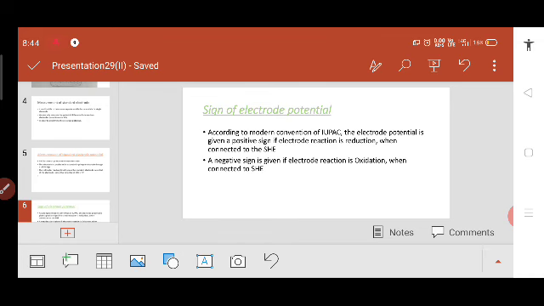According to the modern convention of IUPAC, the electrode potential is given a positive sign if the electrode reaction is reduction when connected to the standard hydrogen electrode. The negative sign is given if the electrode reaction is oxidation when connected to the standard hydrogen electrode.